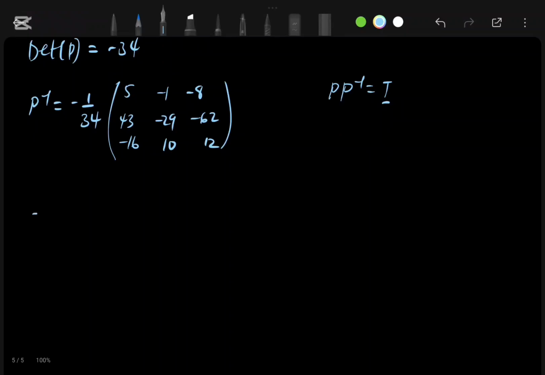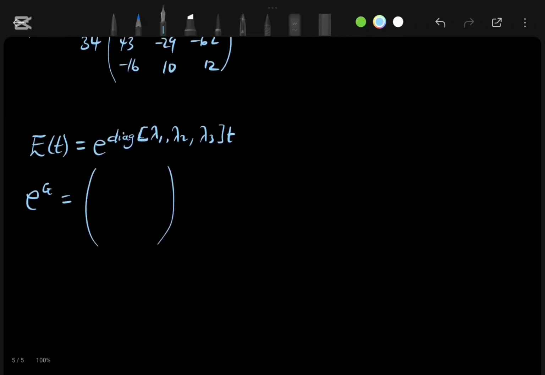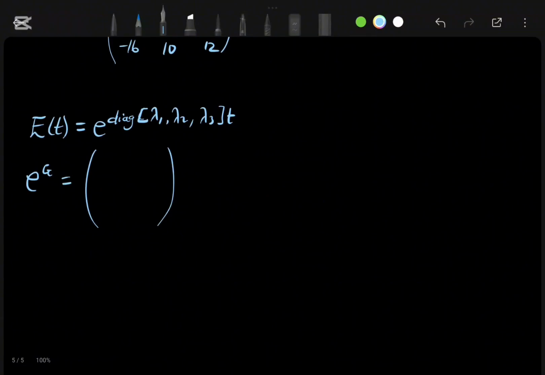So next we have our E of T, which is given by E of the diagonal of the lambdas. So lambda 1, lambda 2, lambda 3, all multiplied by T. Now if you find E of G, this will give you the exponential of the matrix, which I'm not going to look for. You can easily find this one just by taking out the T from this value.